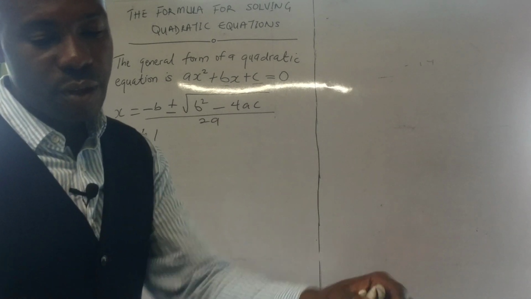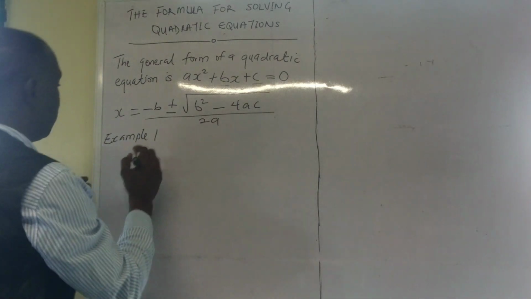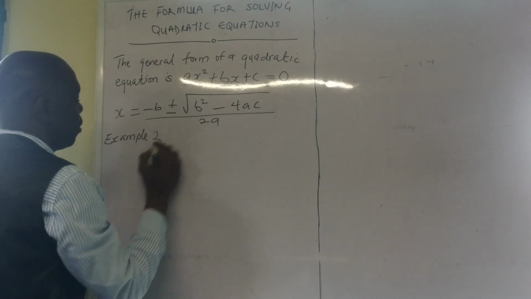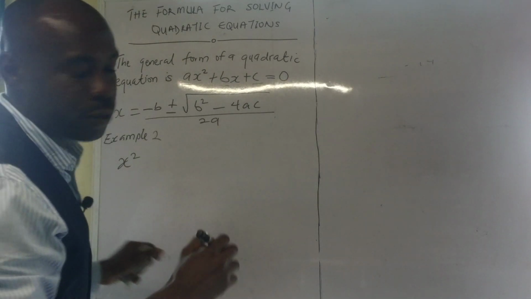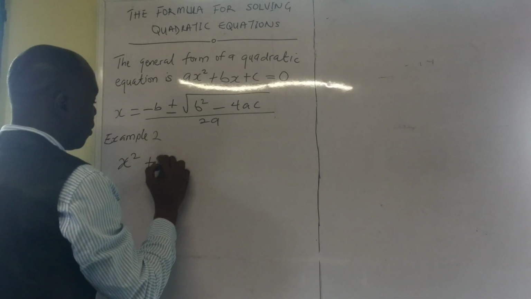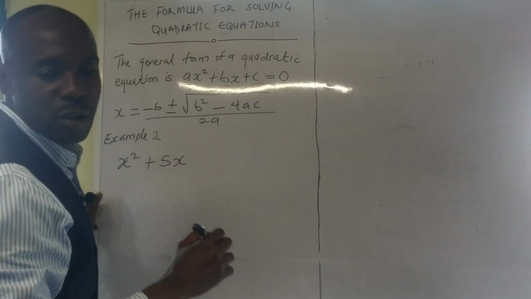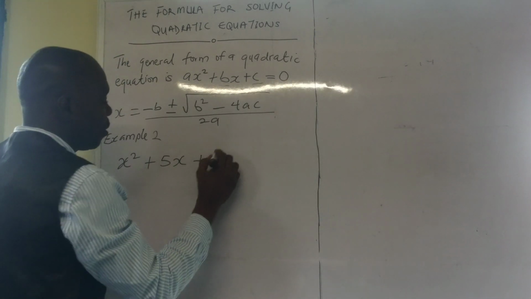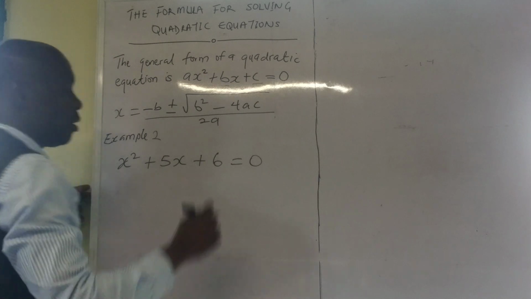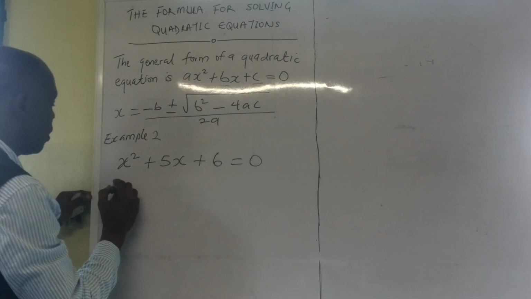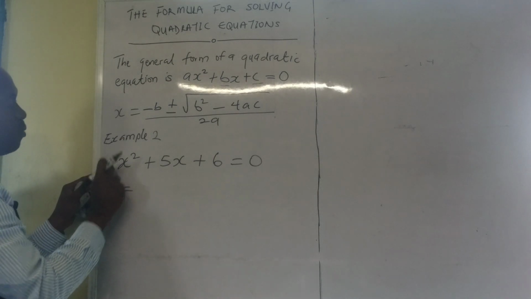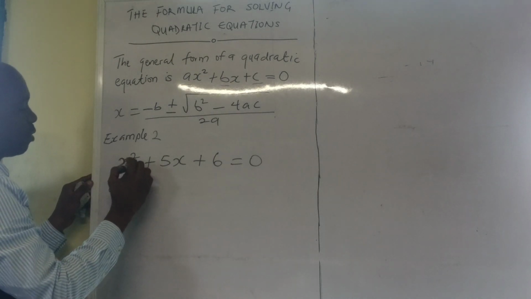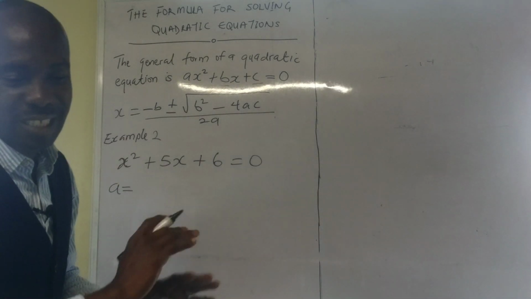That says, example 2, x squared plus 5x plus 6 equals 0. Like we said the other time, a, we don't have anything here for now. It's just plain on its own, nothing for it.